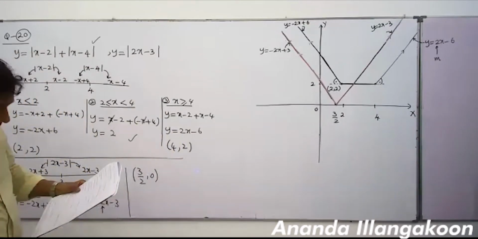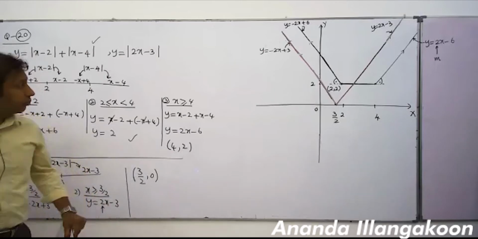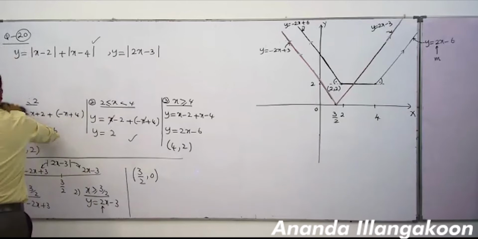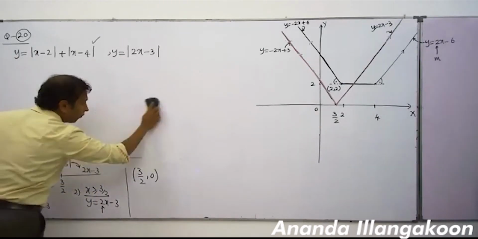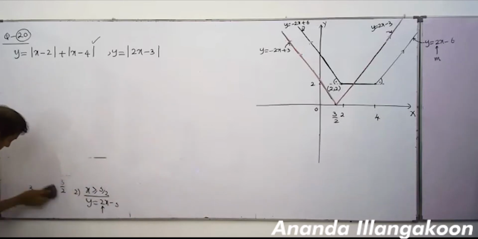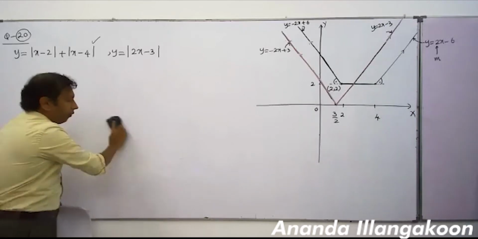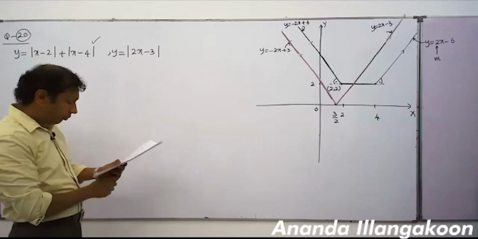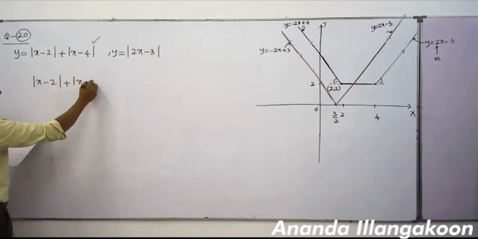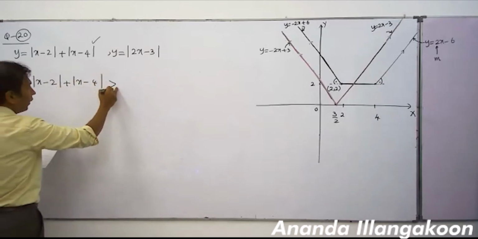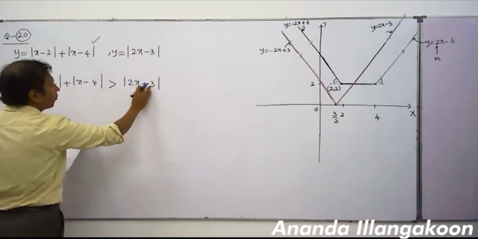Find the values of x for which mod x minus 2 plus mod x minus 4 greater than mod 2x minus 3. Minus 3, no? Yeah, minus 3.